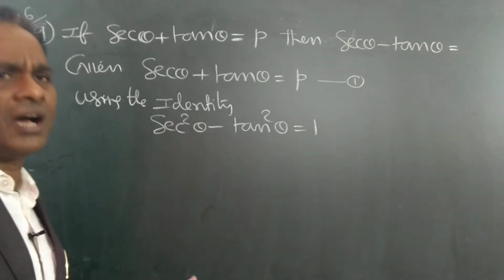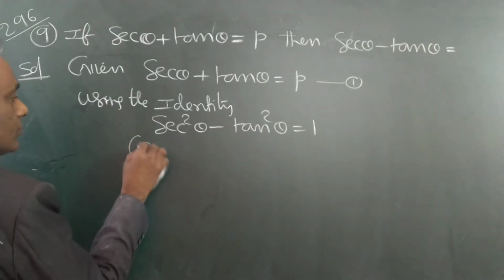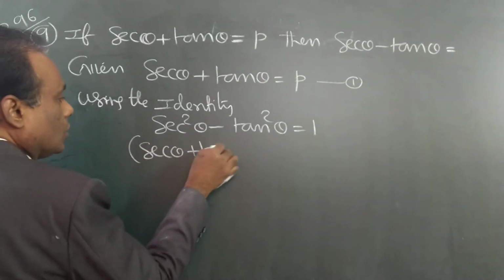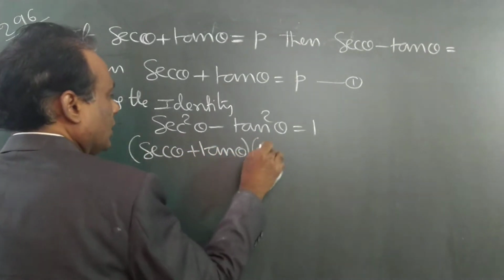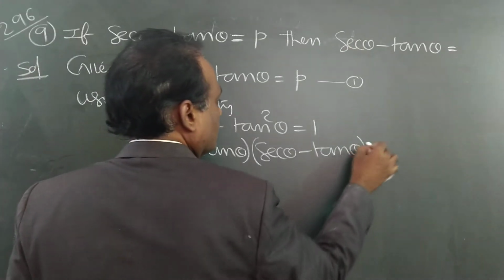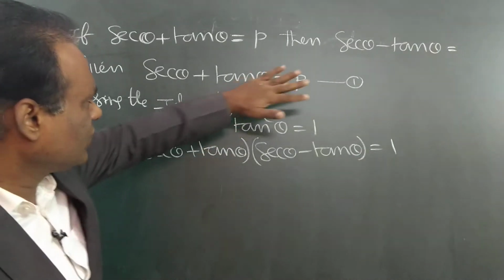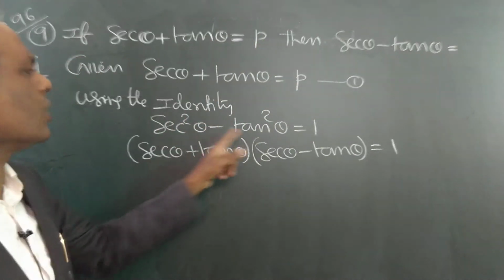I wrote the formula, a square minus b square, a plus b into a minus b. This is given, leave it. Just I wrote a formula.